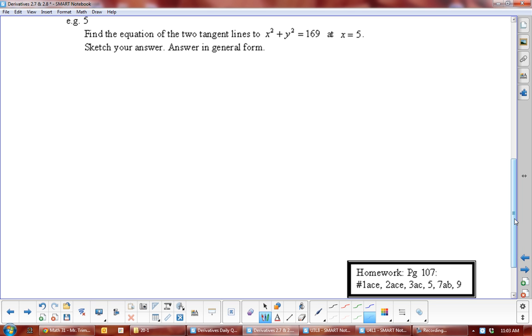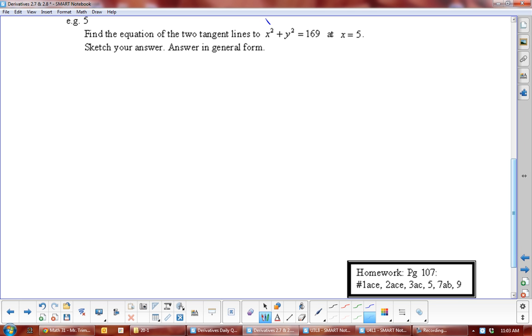Sketch your answer and answer in general form. If you've done enough of these, you can already tell that I'm going to have x and y's in my solution. So I'm going to need to know what y is, but when we come to that point, we can go look for it, because they weren't very nice and they didn't give it to us.